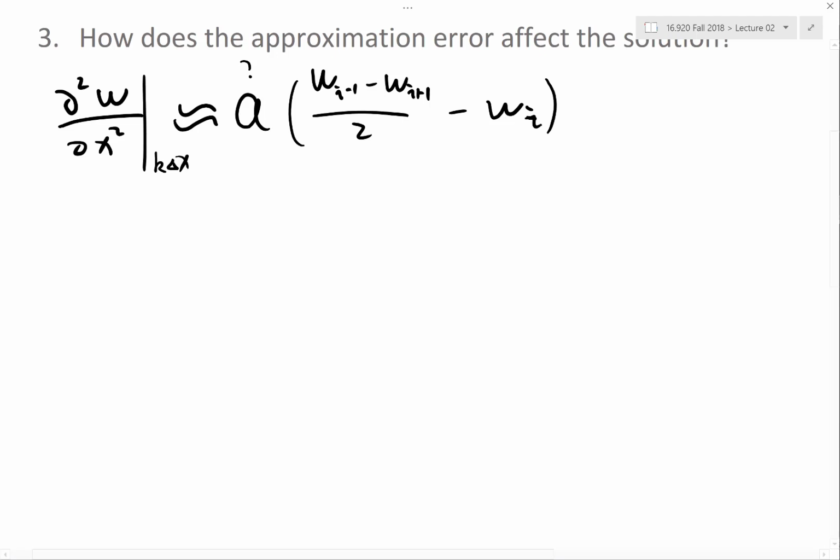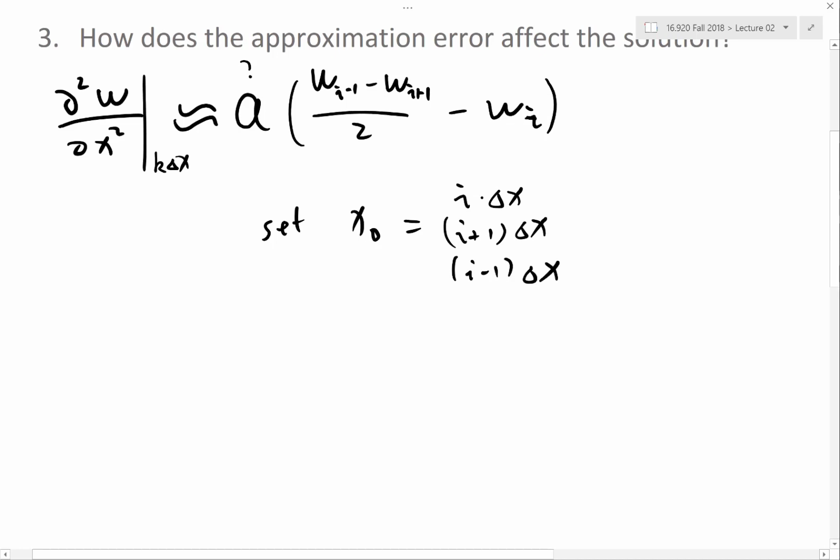One thing you have to decide when doing Taylor series analysis is what you choose for x0. In this case, it doesn't matter for the final result. You can set x0 to be i times delta x, or i plus 1 times delta x, or i minus 1 times delta x.